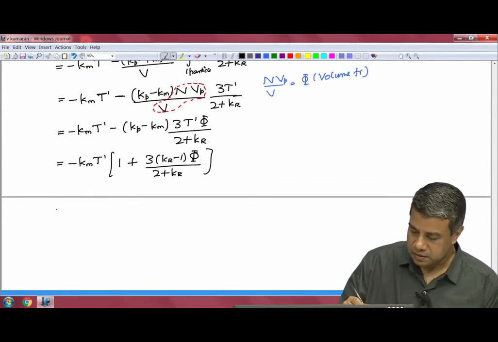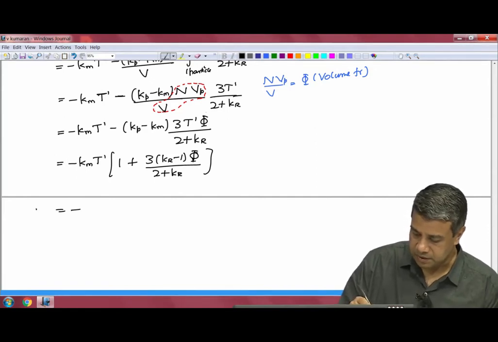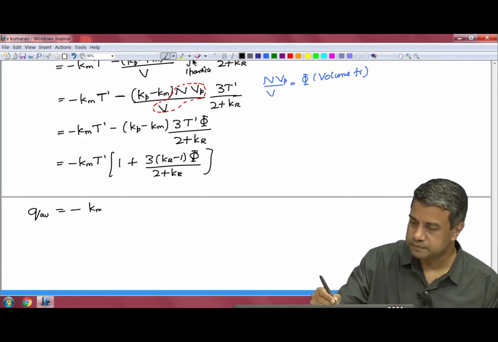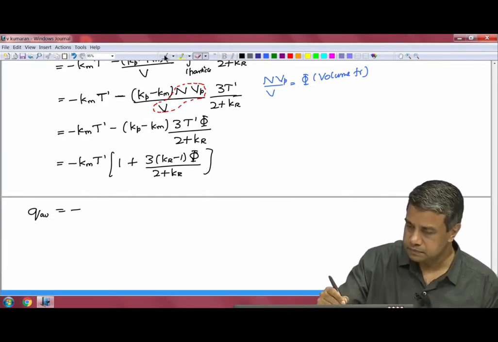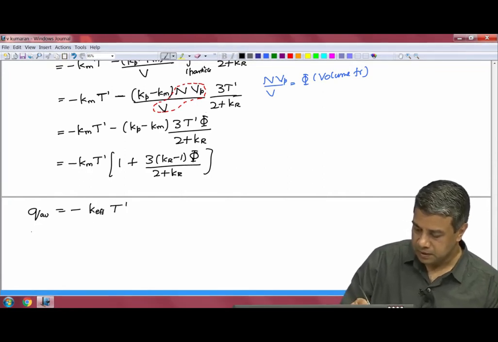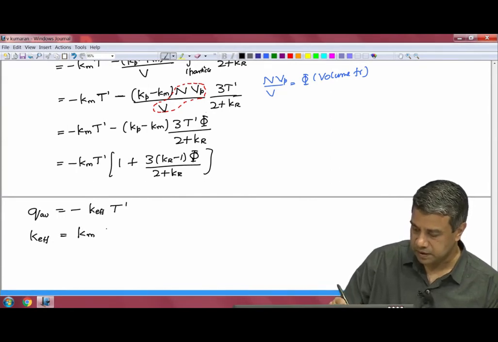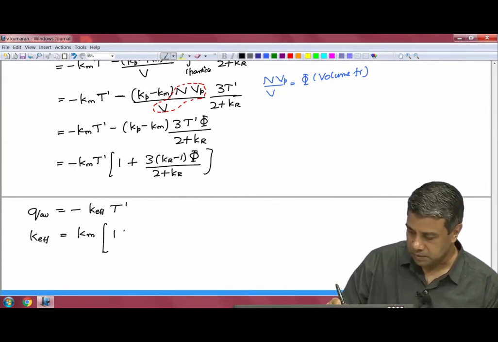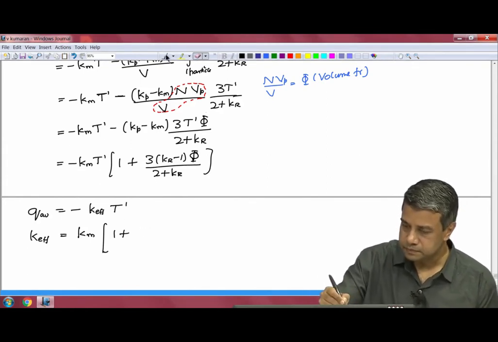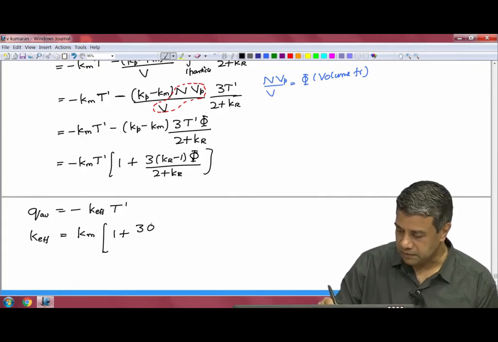So, this is what we were looking for, the average flux minus Km times T′, where the effective thermal conductivity is equal to the matrix thermal conductivity into 1 plus 3 times the volume fraction times (Kr minus 1) by (2 plus Kr).